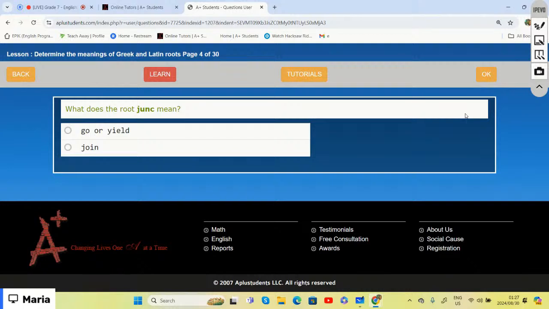If we were to choose the correct option, we would say that the root junct means to connect or to join.